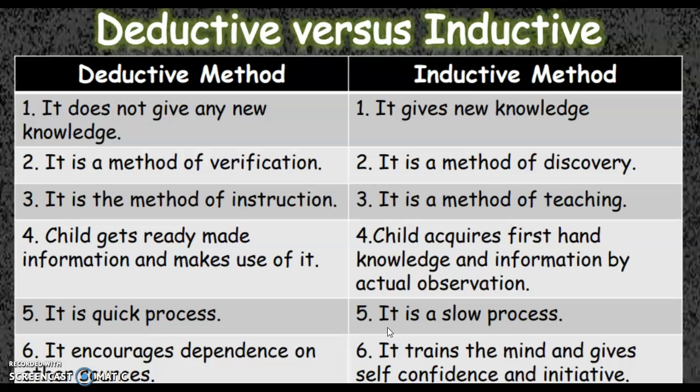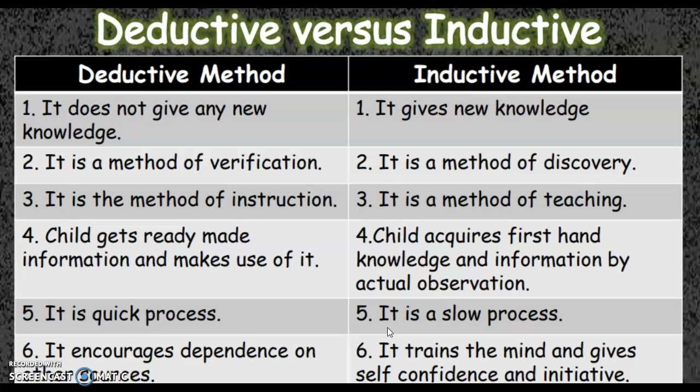The second one is a method of verification. You will verify in the deductive method. The inductive one is a method of discovery. As I mentioned, you will discover in this method. The child gets ready-made information and makes use of it. Your learners first get information, they understand it, and they present it.